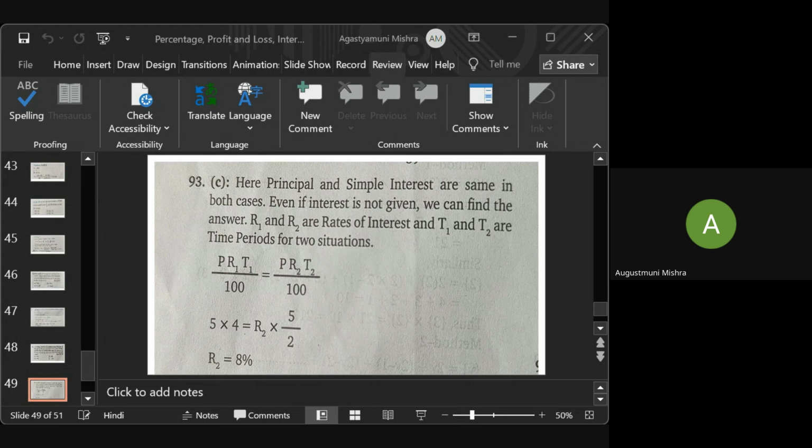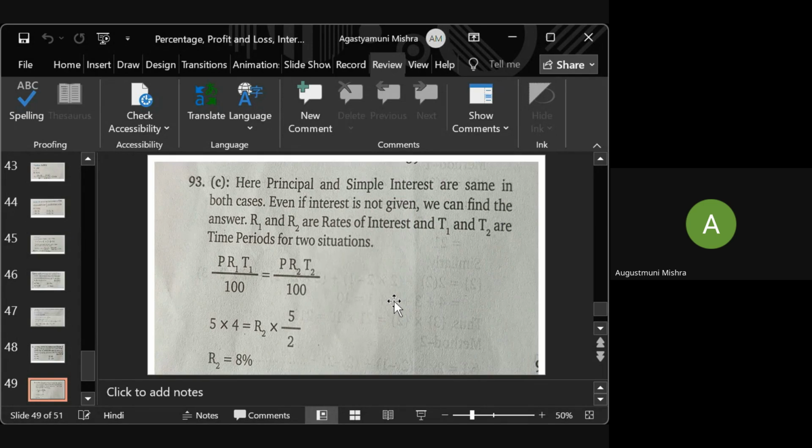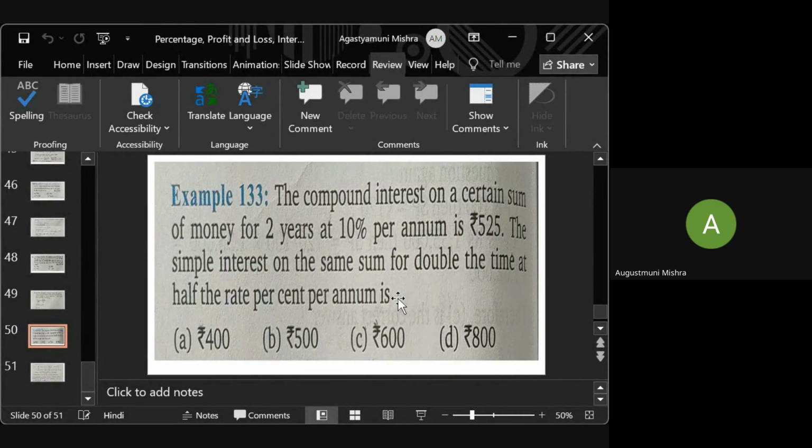Okay, I'm changing slide now. I hope that this is a very easy one. So this is our last question for this topic. We can start solving it.